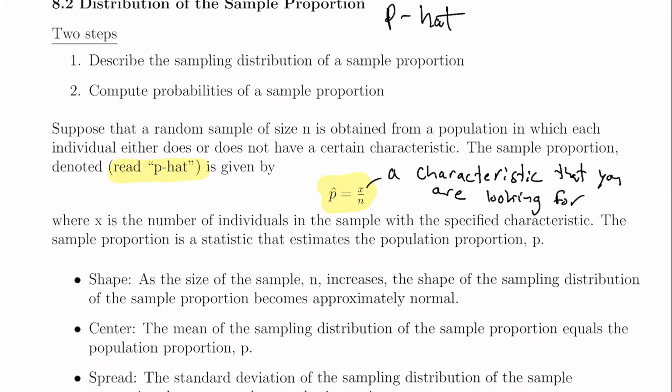Say I want to find the probability of male in the classroom. All I have to do is p hat is equal to male in the classroom, and you divide it by total students.